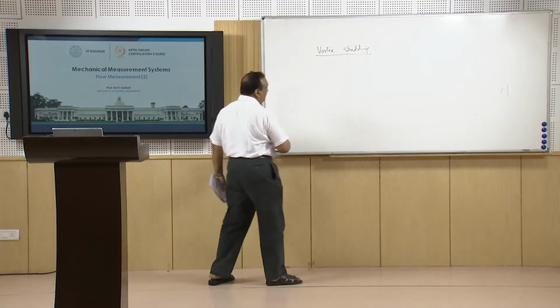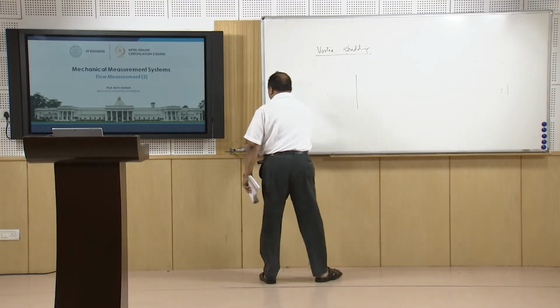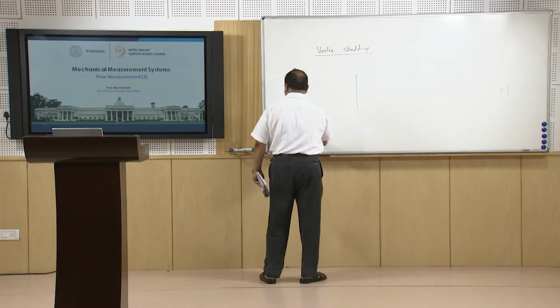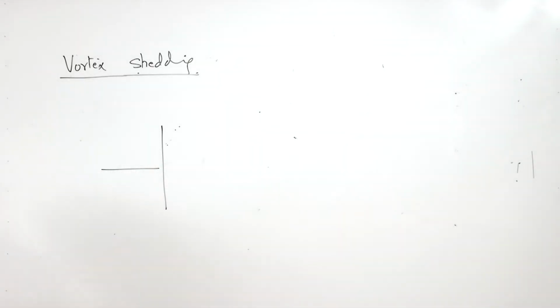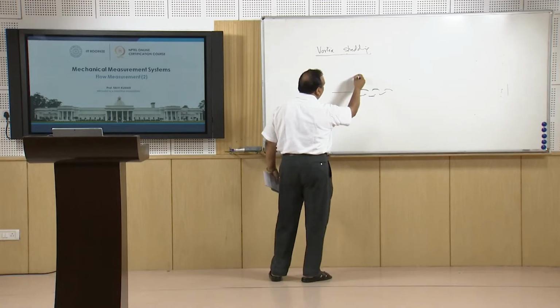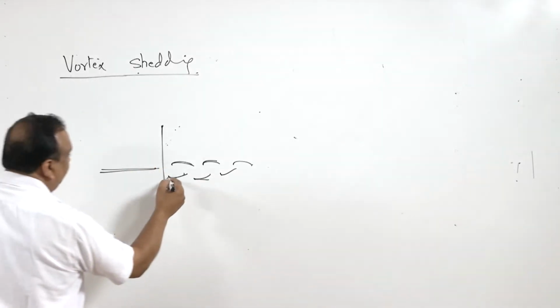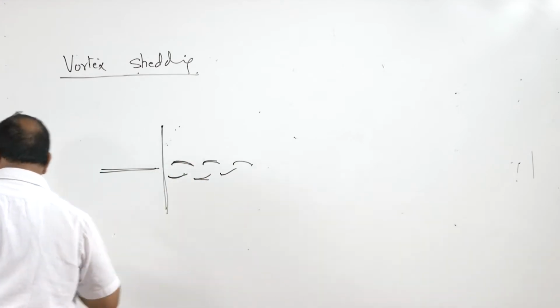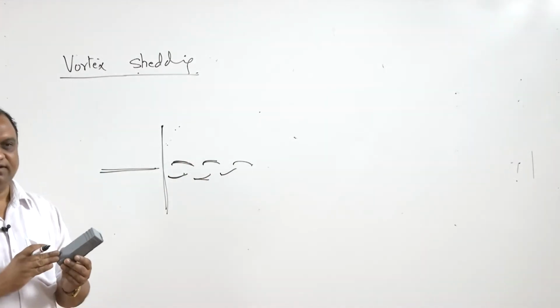So when a bluff body is inserted or put in a flow, then on the trailing side of the bluff body, eddies will be formed. So when a bluff body is placed in the flow, the vortices are formed on the downstream side, or the rear side, of the bluff body. So suppose this is a bluff body, it's flat, like a cricket bat.